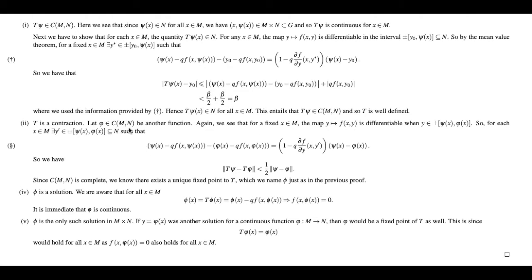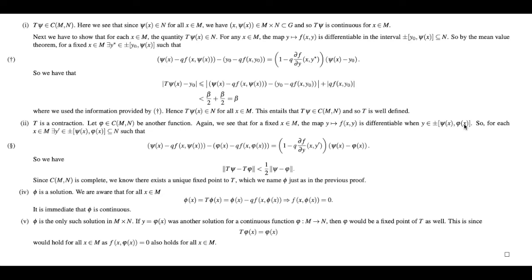Let phi in CMN be another function, and we see that for a fixed x in M, we again consider the map y maps to f of x y. We see that it's differentiable in y lying in the interval with endpoints psi of x and phi of x, because again phi of x may be less than psi of x or vice versa.